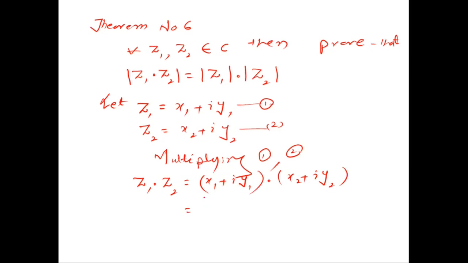Now multiply x1 by x2, it becomes x1 x2, plus x1 by iota y2, it becomes iota x1 y2, plus iota y1 by x2, it becomes iota x2 y1, plus iota y1 multiplied by iota y2, iota square y1 y2. So this is z1 multiply z2.